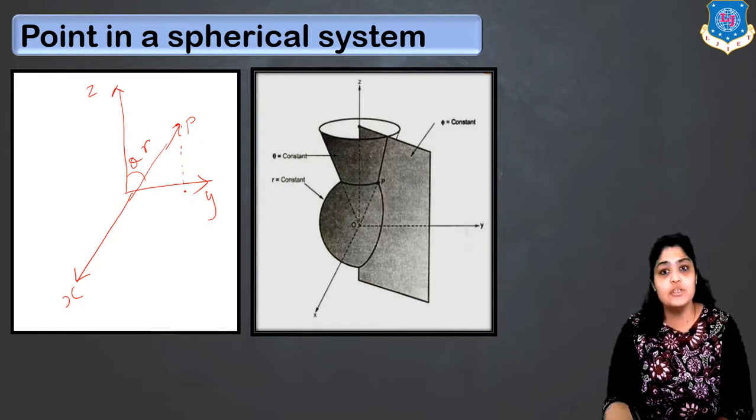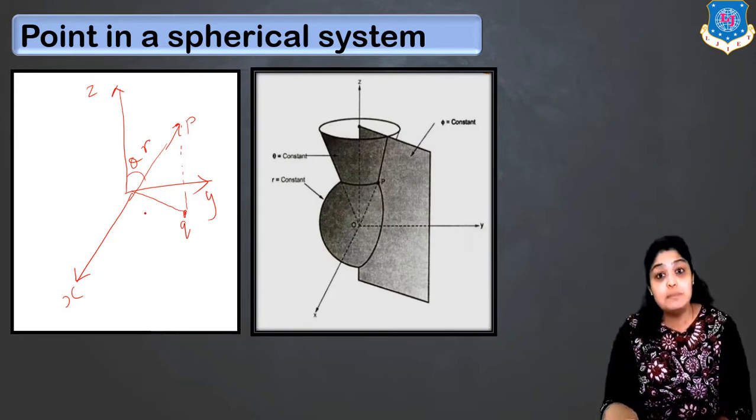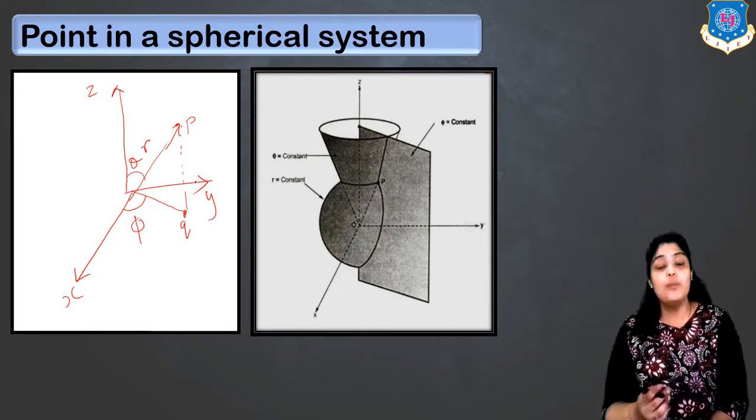Suppose I take a projection of this point along the xy plane and I say q. So this is the position vector of the projection of P on the xy plane. And suppose this projection makes an angle of phi with the xy plane. So here I have two possibilities.